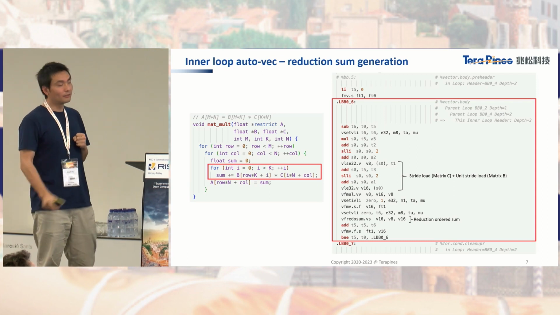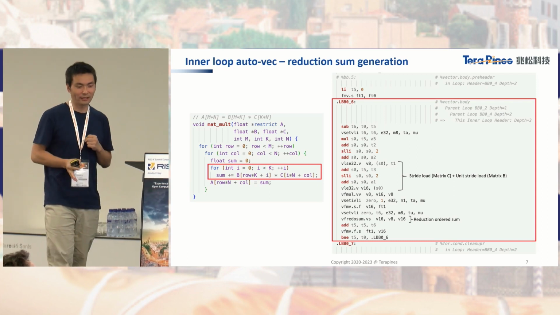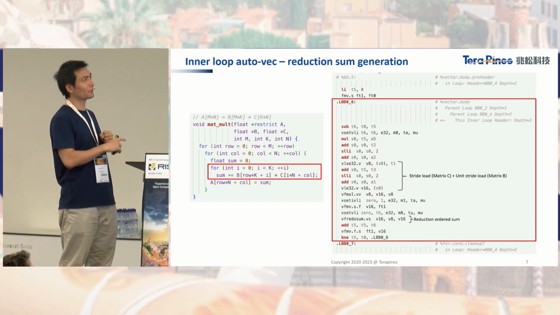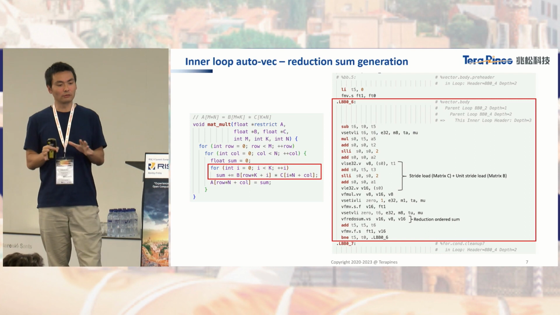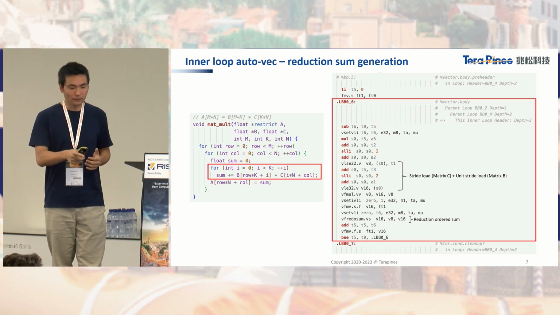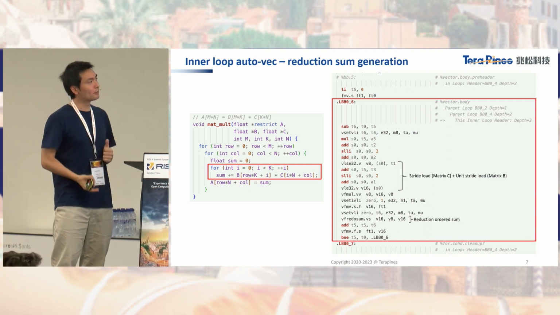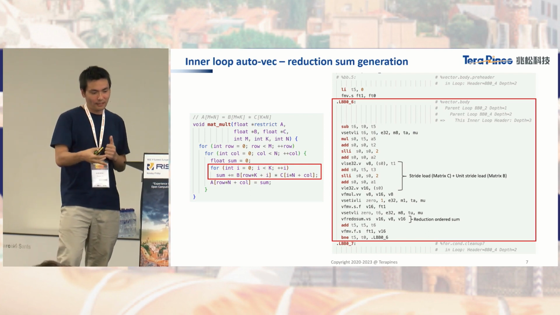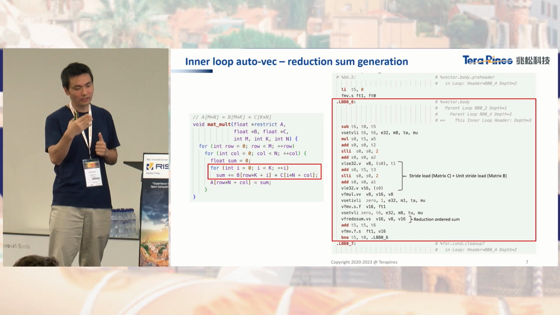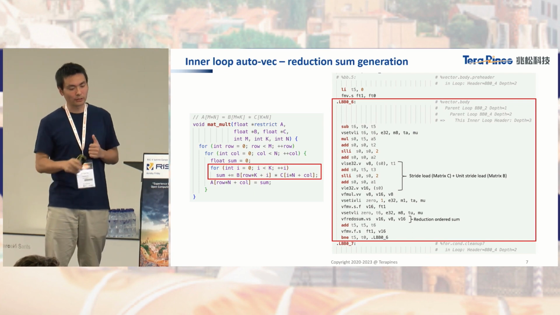Okay, let's go into some details about the auto-vectorization. This example is about inner loop vectorization. For the matrix multiplication, we can auto-vectorize the innermost loop into a reduction sum.